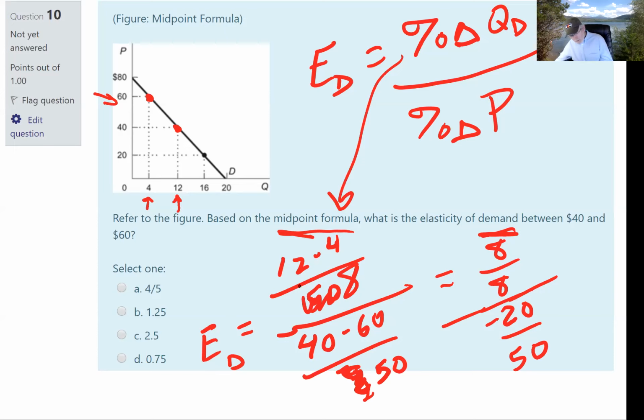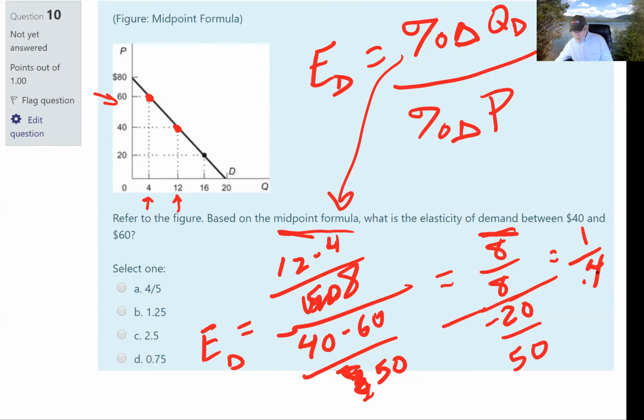You do have to make sure you put quantity in the numerator and price in the denominator, but the sign doesn't really matter. So you get 8 over 8 is 1. And in the denominator, you get 20 divided by 50, that's 0.4.